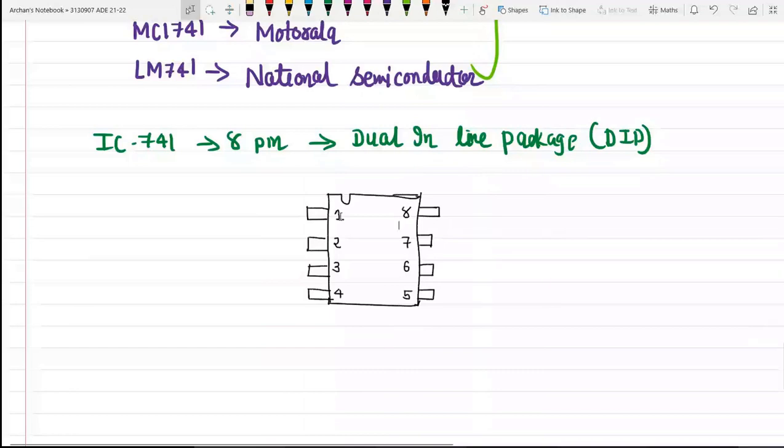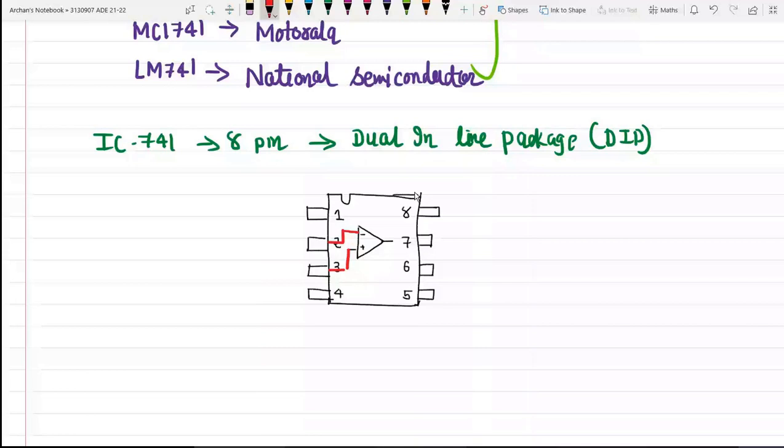And inside this IC there are differential amplifiers. This is my inverting input terminal, this is my non-inverting input terminal, which are pin number 2 and pin number 3. Pin number 2 is the inverting input terminal, pin number 3 is the non-inverting input terminal, and pin number 6 is the output.